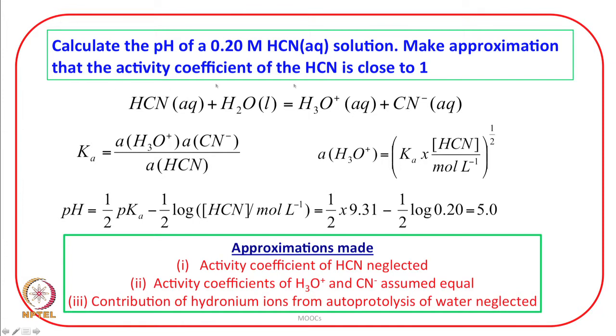The given information was to make the approximation that the activity coefficient of HCN is close to 1. So, first, the activity coefficient of HCN is neglected. That means, if we want to really get a very accurate number, we cannot ignore the activity coefficient of HCN.